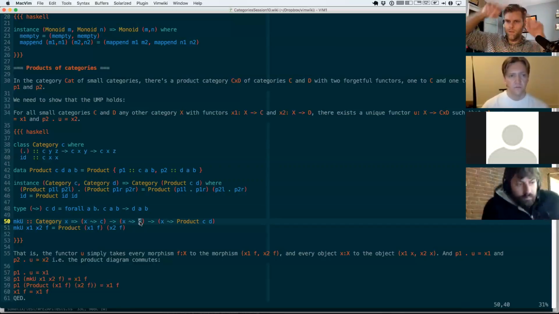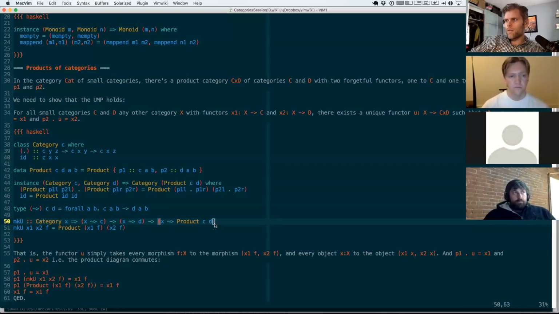So the top of that triangle, I have a unique functor from X to the product of C and D. And that's just, well, apply x1 to F and apply x2 to F, where F is the arrow in X, right? So given some arrow in X, I can put that in C, and I can put that arrow into D, and then I just take those two and stick them in a pair, and now I have an arrow in the product of C and D. Easy.